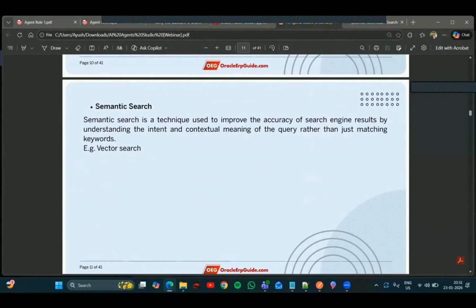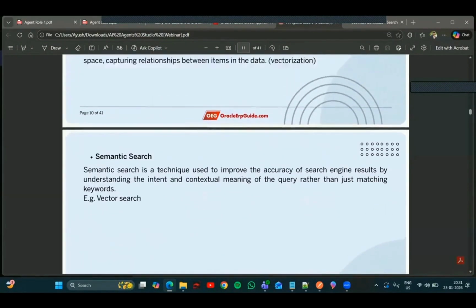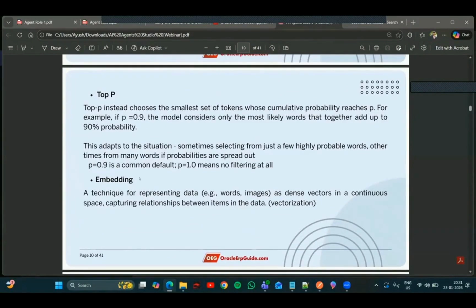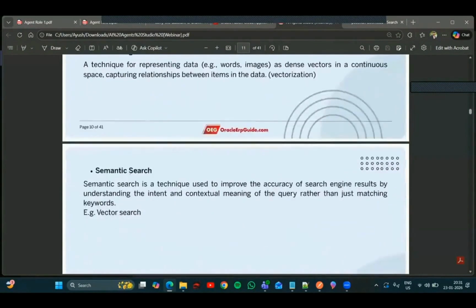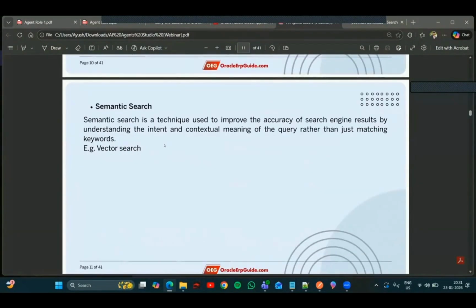There's one interesting example that I want to share with you all, which comes under embedding, vectorization, and semantic search. All of us know mathematical formulas, like 1 plus 1 equals 2. We can't perform mathematical operations on words, right?